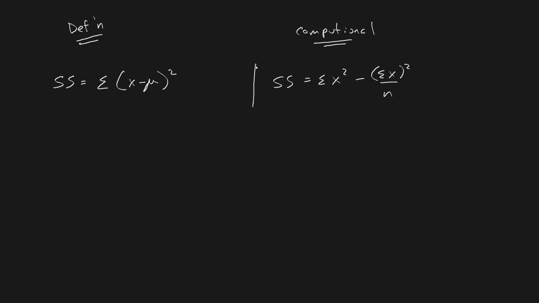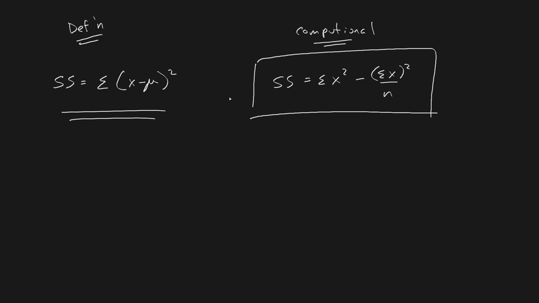However, the computational is a little bit easier when you have more than a few data points. So you might want to get used to using this one. Having said that though, if you just prefer the definitional one and want to stick with it and forget about the computational altogether, you could probably get away with that too. Again, except for a situation where they specifically ask you to show that you understand how to do the computational formula, but I doubt that that's going to arise.